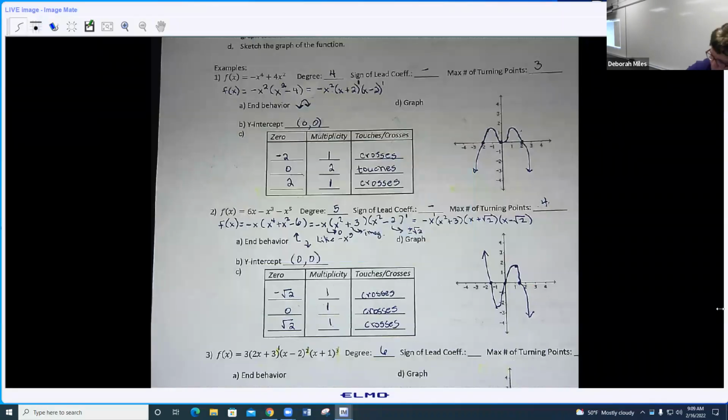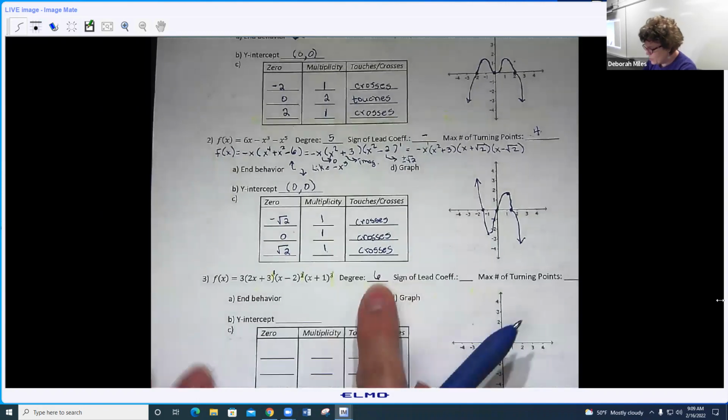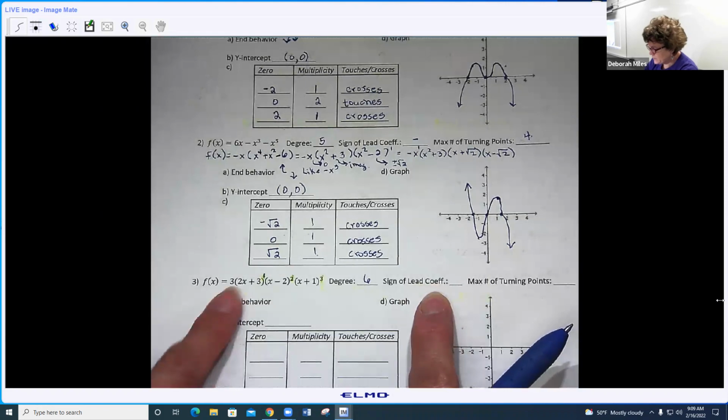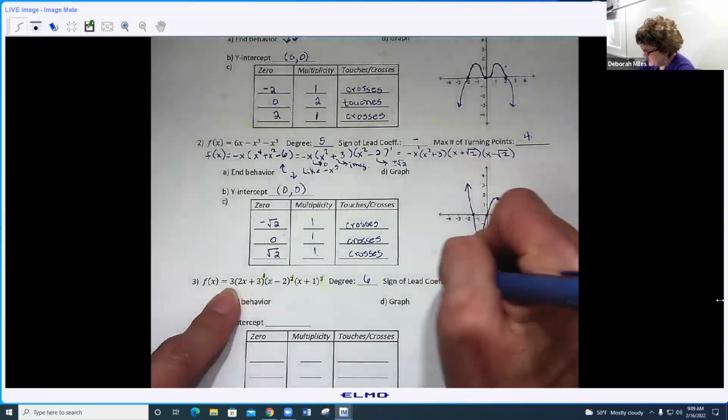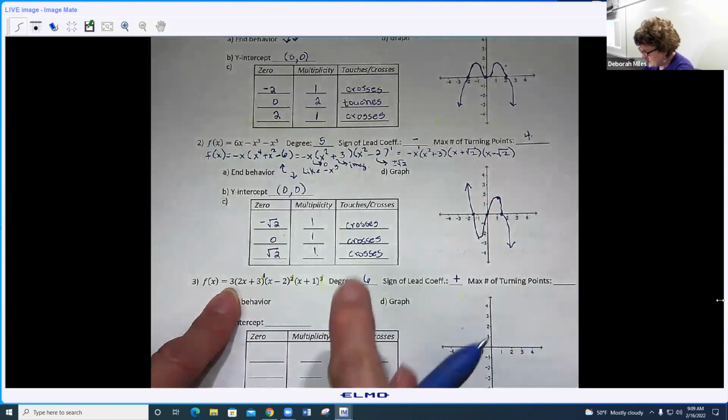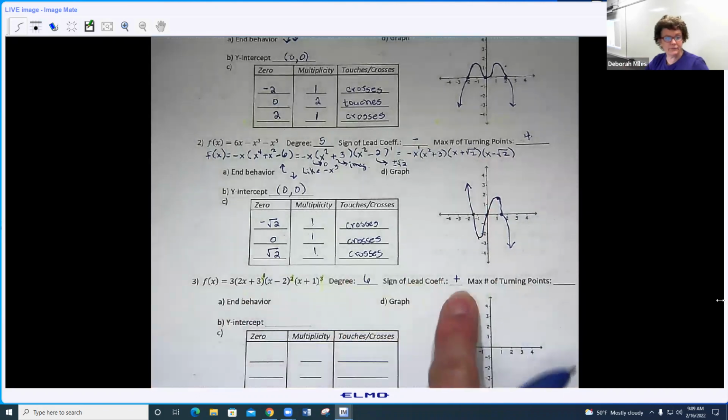Okay. Back in business. So this is a 6th degree polynomial with, what's the sign of the leading coefficient? +3, so it's positive. What do we know about the end behavior of a 6th degree polynomial with a positive coefficient?